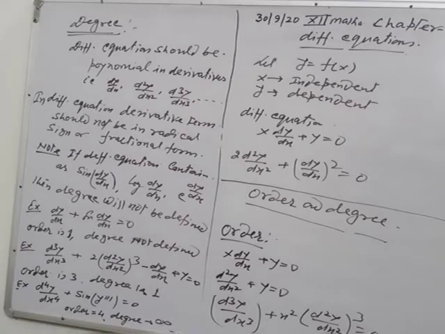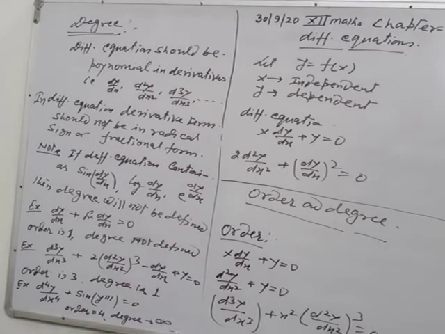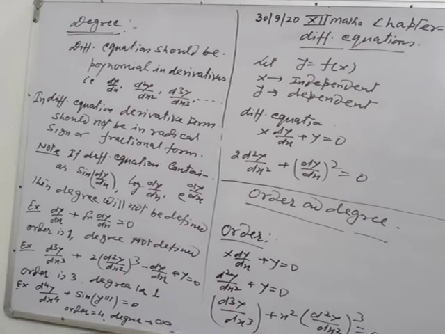Also not in fractional form, means your derivative term should not be in the denominator, like 1 upon dy by dx. Okay. So here you will write in simple general form and see the power of the derivative term. Power should be a positive integer if it is polynomial.